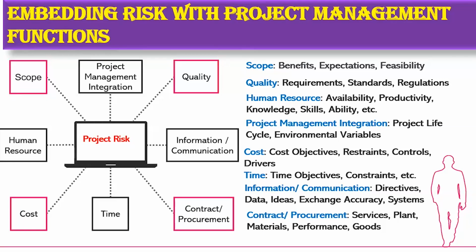So what is the scope of the project? What benefits are we expecting? What are the feasibilities? Project quality in terms of standards, requirements, regulations, project management integration. How are we integrating the project management into the project lifecycle and considering all the environmental factors, both internal and external, that will impact on the project?